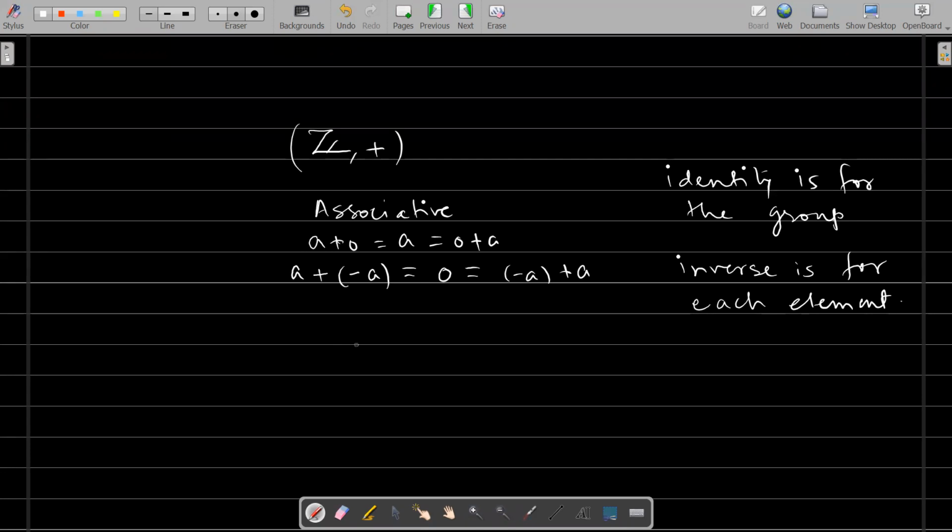Okay, and now on the same lines, rationals under addition is a group, reals under addition is a group, complex numbers under addition is a group. So these are all examples of groups.